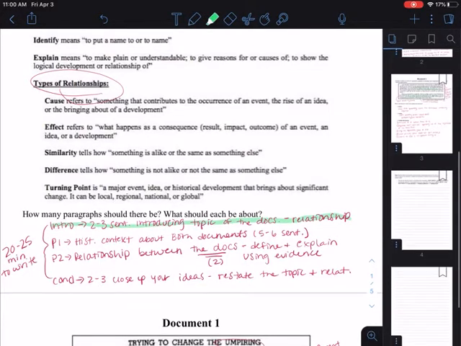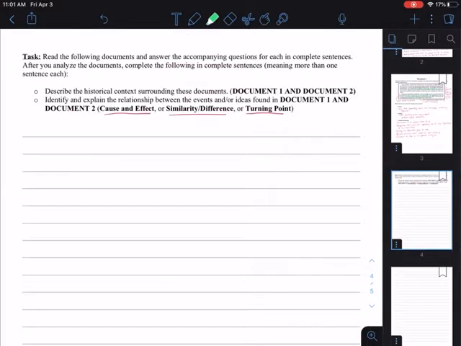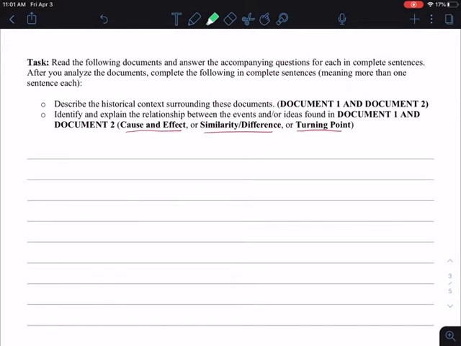Sounds pretty easy. Now, to me, when I look at these two documents, I see cause and effect. And the topic of these documents is FDR and the New Deal, with an emphasis on the court packing plan.